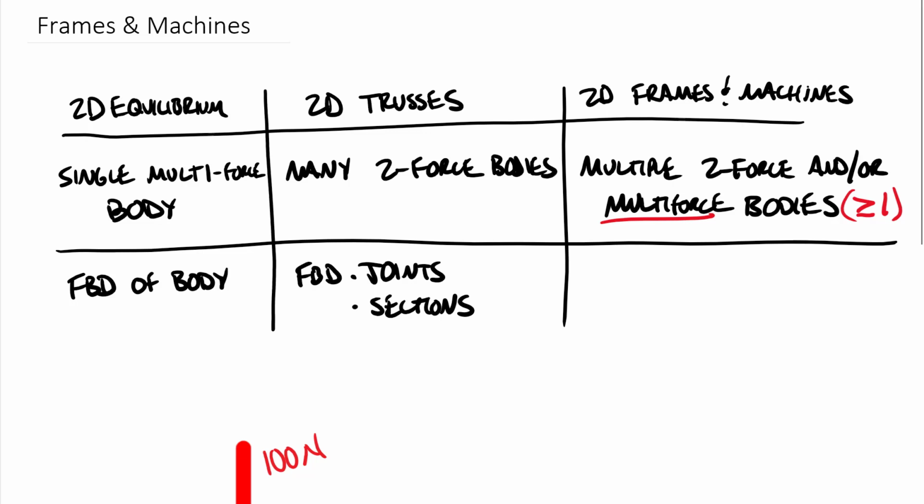Okay, both of these techniques, both joints and sections, only work if 100% of your system is two-force bodies. What we'll see is that if we have multi-force bodies in the system, we need to create free body diagrams, in this case, because frames and machines have more than one body, free body diagrams of bodies.